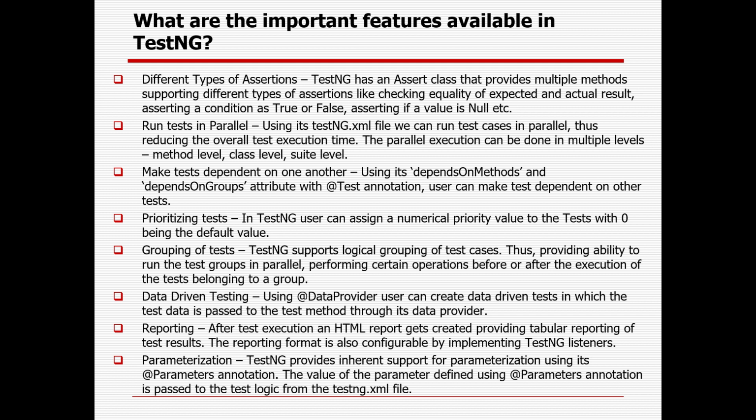It's not like that. You definitely need to navigate from one page to another, one flow to another, but at the same time you need to add some assertion point where you can validate whether the expected and actual result are matching or not. In case it is not matching, that will be treated as a failed test step. That is the way you can identify the defect also. So TestNG supports two types of assertion, soft and hard assertion. I will cover it.